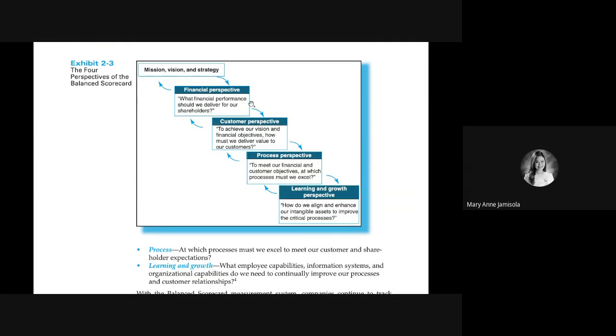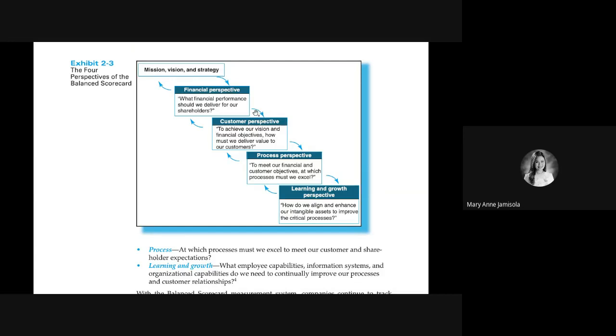So, in summary, here are our four perspectives of the Balanced Scorecard. Again, we have the financial perspective. Here, we focus on the monetary aspect because this is what our shareholders want. And then customer perspective, we focus on the customers.